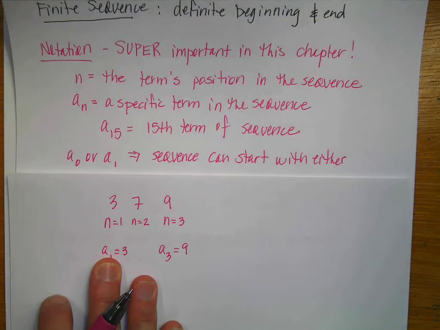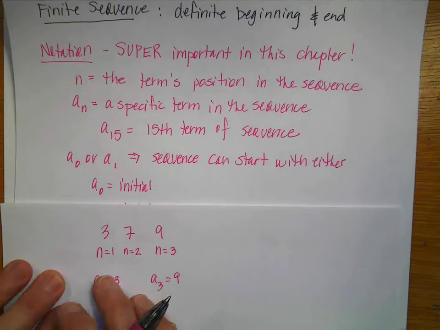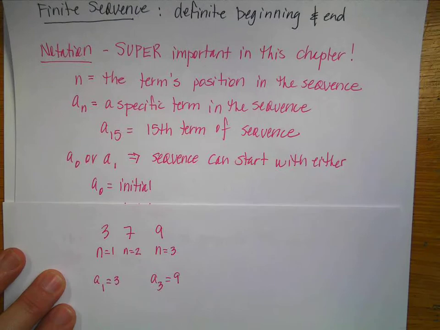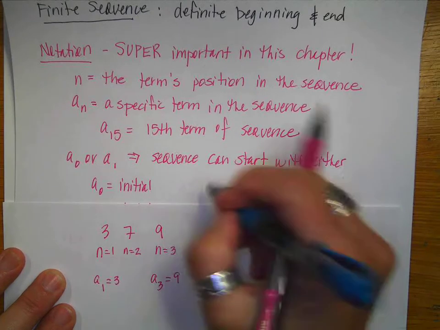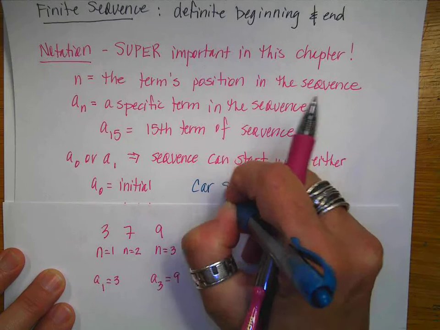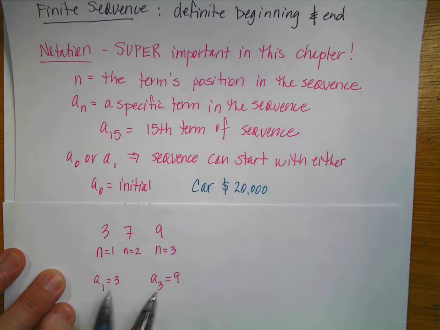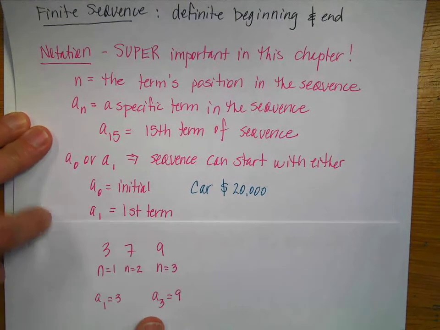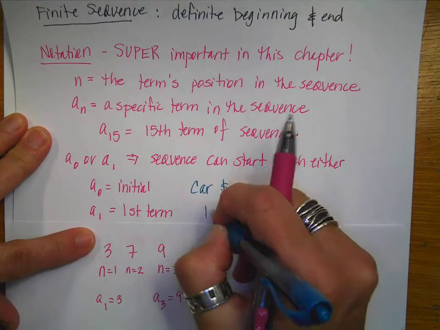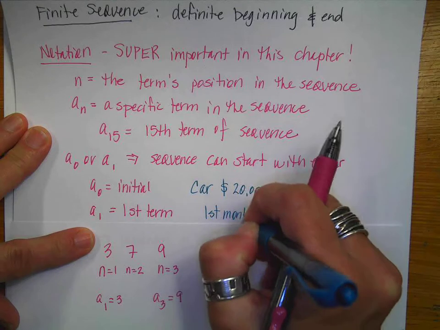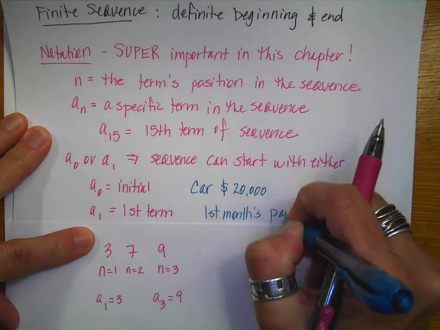A sub 0 and a sub 1: a sequence can start with either, and you need to pay attention. We'll talk about this as we do some work in our calculator. A sub 0 is going to be an initial term. Think about it like this: if I buy a car that costs $20,000, then a sub 1 would be my first month's payment.